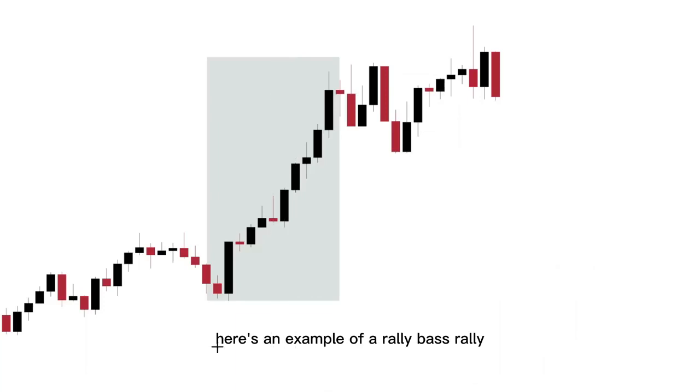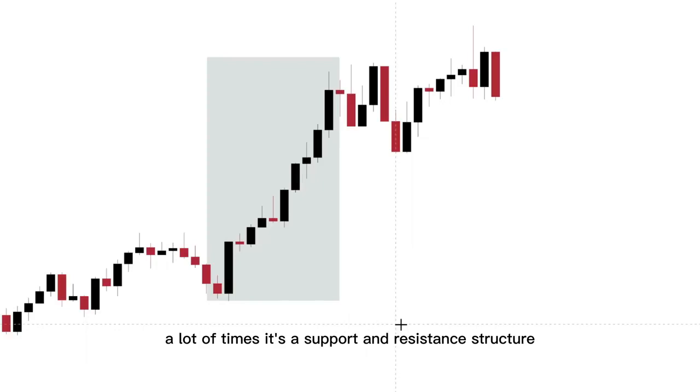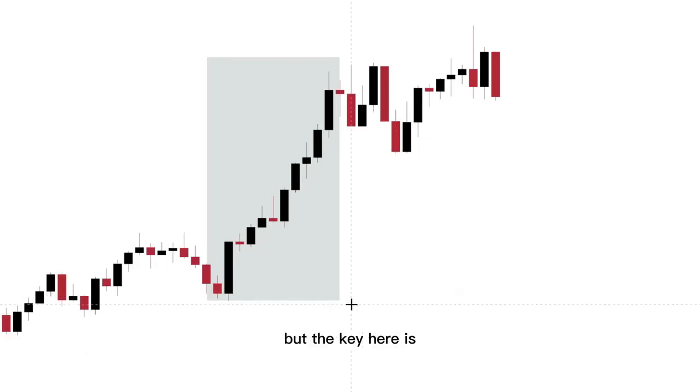So here's an example of a rally base rally. So here you have a rally, then a base, then a rally, base, rally. And the trick here is a lot of times a rally base rally or a drop base drop structure, a lot of times it's a support and resistance structure. But the key here is it's a macro version of a support and resistance structure.